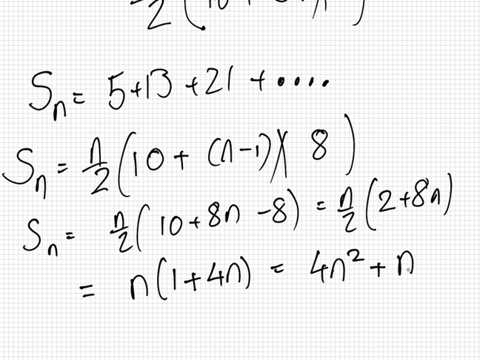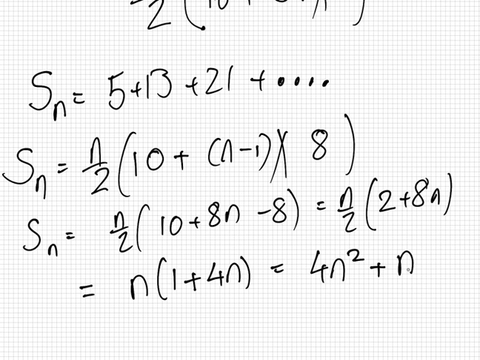Okay. So let's see what happens here. If I put n equals 1, what number do I get? 5. Now if I put n equals 2, what do I get in this here? 2 squared is 4, 16 plus 2, 18.